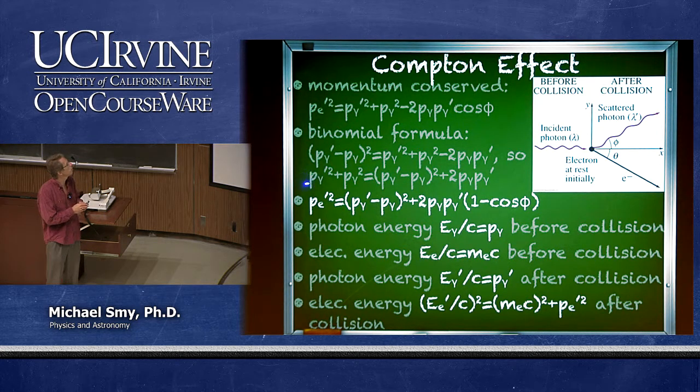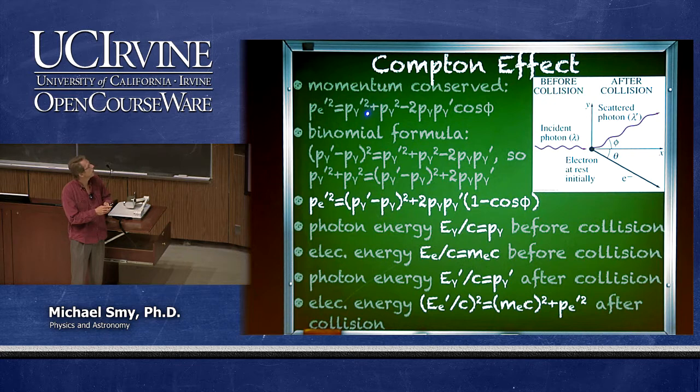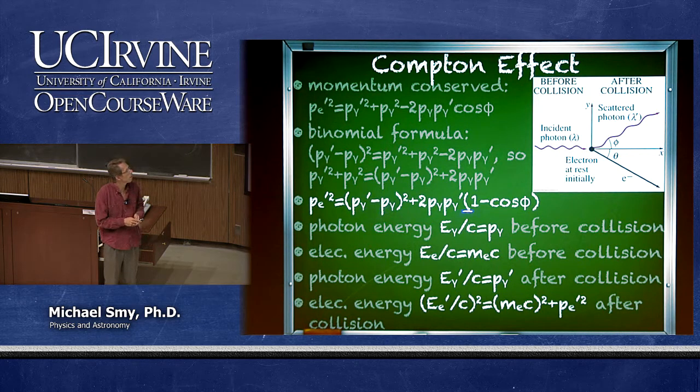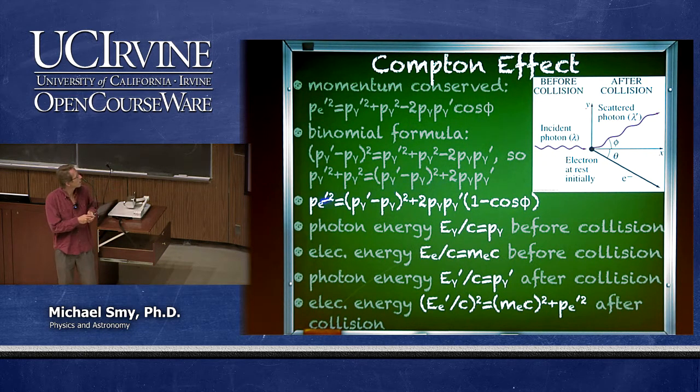And we can therefore express this sum by the difference in photon momentum square plus 2 times the product of the photon momenta. If you plug this into here, then we get the momentum of the electron after the collision as the difference square of the photon momenta plus this mixed term which depends on the scattering angle phi. All of this is coming just from momentum conservation.